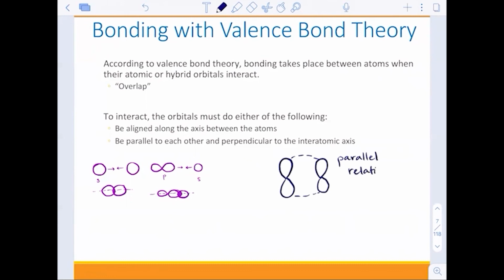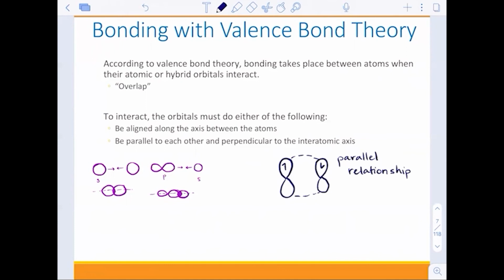Now, when 2 p orbitals align like this, they should have one electron in each, and they should be attracted to each other. But notice how they're not technically touching. I call this a high school relationship. Not holding hands. I know I'm in a relationship with you, but I'm not going to touch you. I know, Lauren's insane.